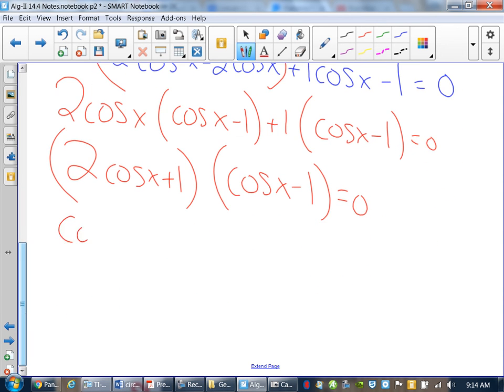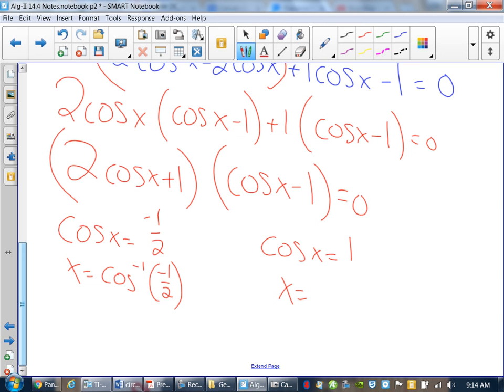So you have cosine. Where's cosine -1/2? Where's cosine 1? Cosine -1/2 would be in the second quadrant.